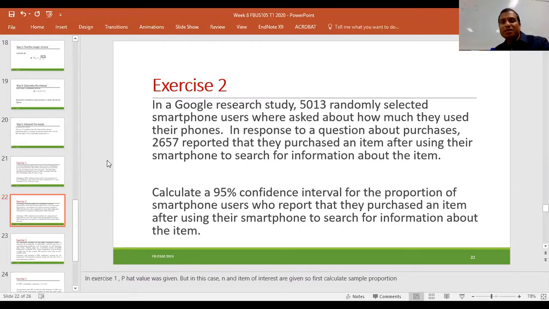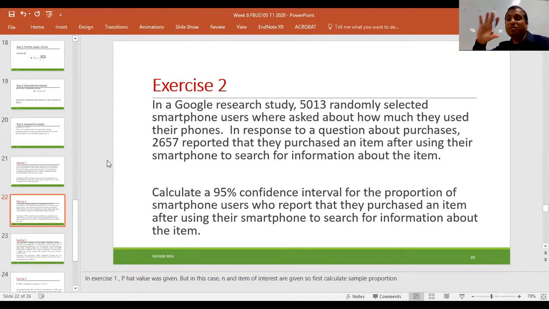After reading this information, what do you think? What is given? Is there anything about a population or any population proportion? No, nothing. But they are talking about a randomly selected sample with n equal to 5,013, and they are saying that out of 5,013, around 50% said yes to some particular question.